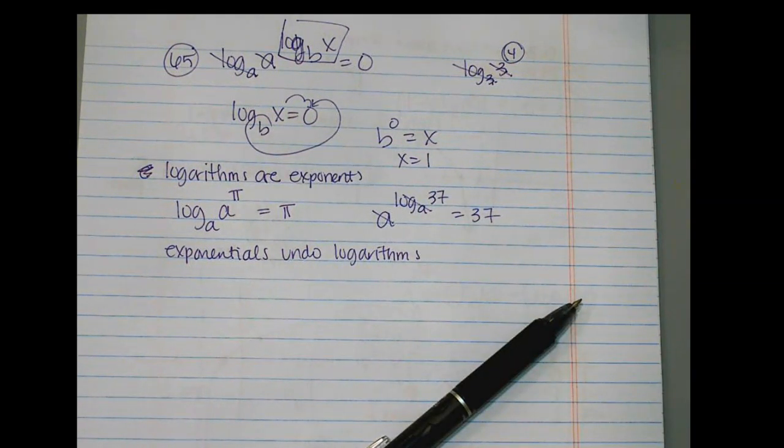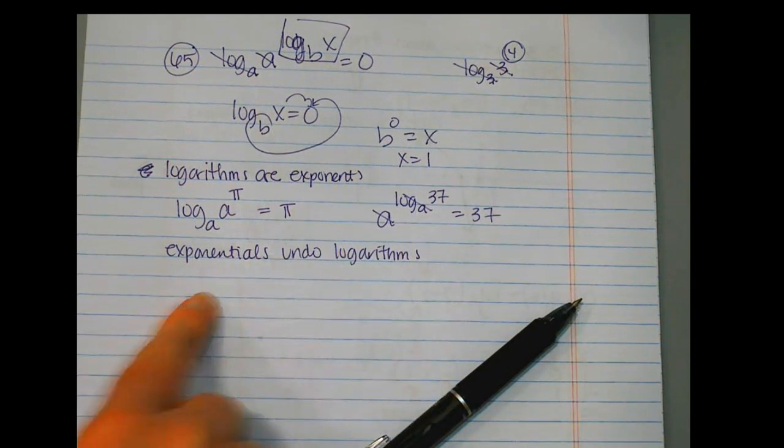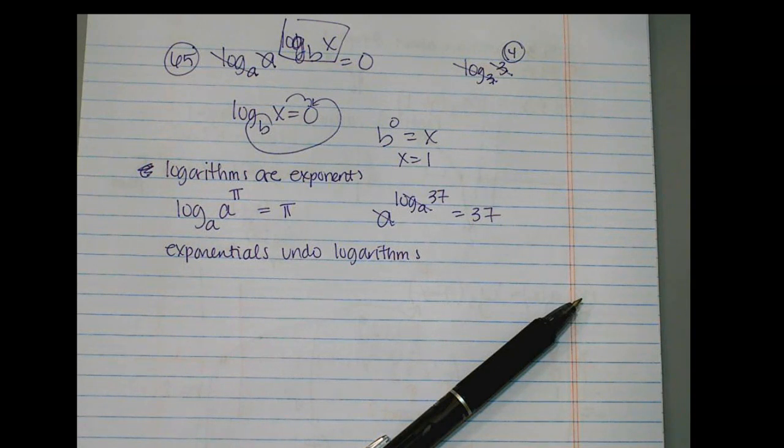So we need logarithms so that if we have an equation we're trying to solve, we can undo it. It's like if we had x squared and we know we have to take the square root, that's how we undo the square. So exponentials undo logarithms, and logarithms undo exponentials. So that's how, for some of these where you're solving, you go and you solve.